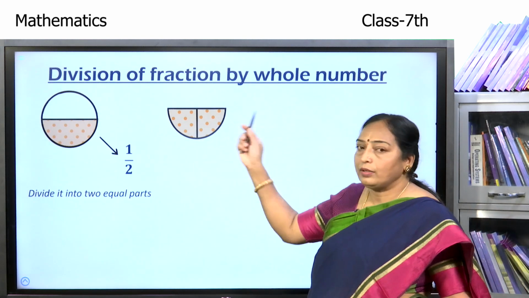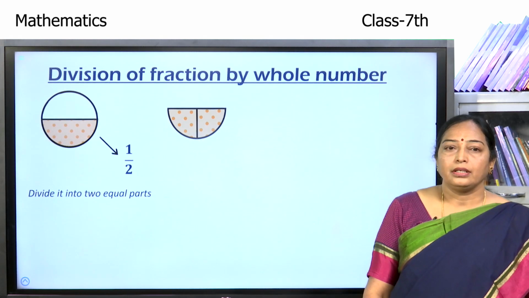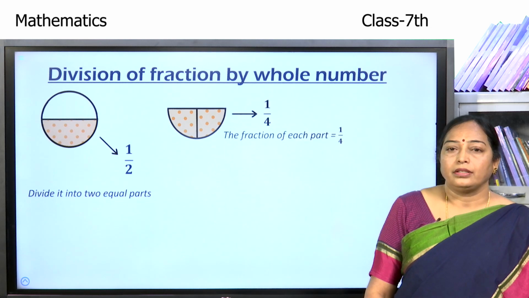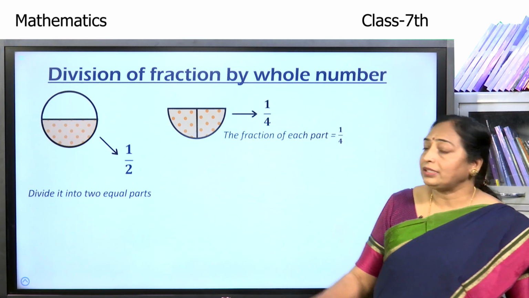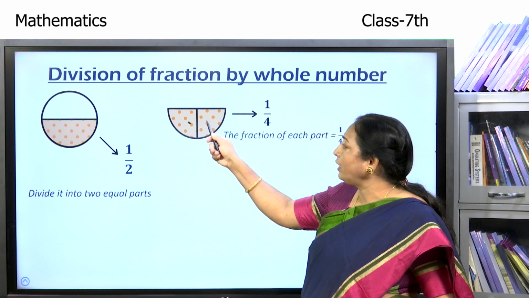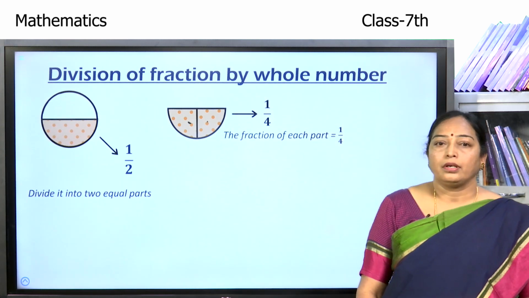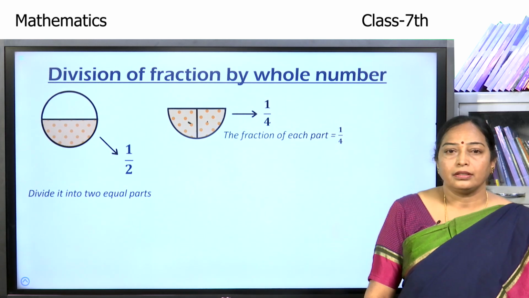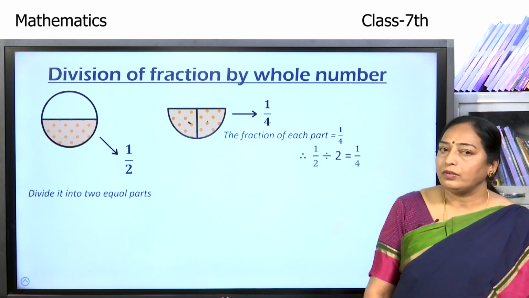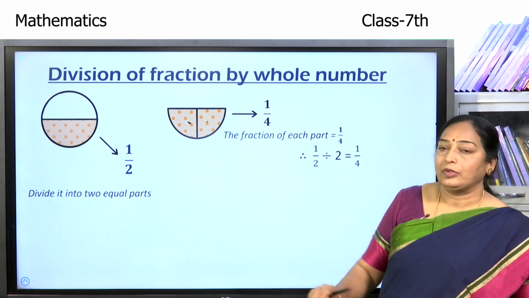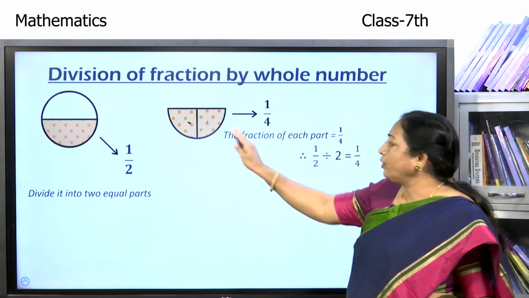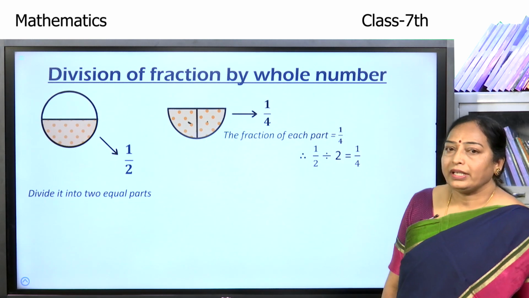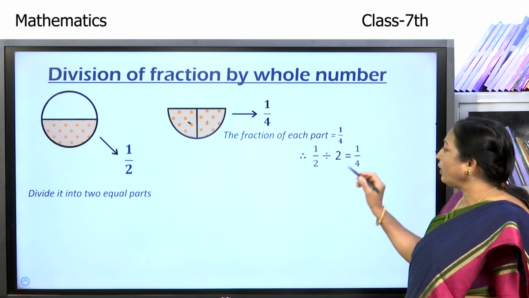Each part shows 1/4. How many 1/4 parts are here? 2 parts. Therefore, the half part divided into 2 equal parts, each part is 1/4.